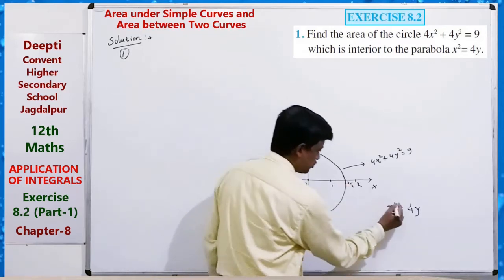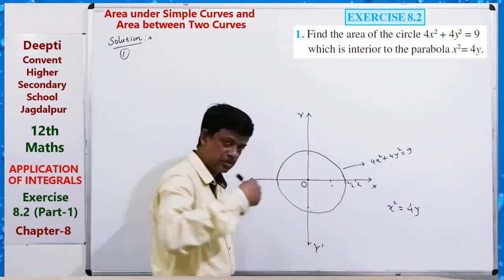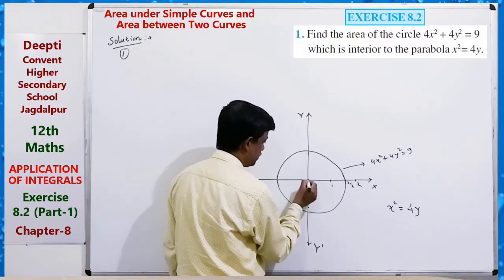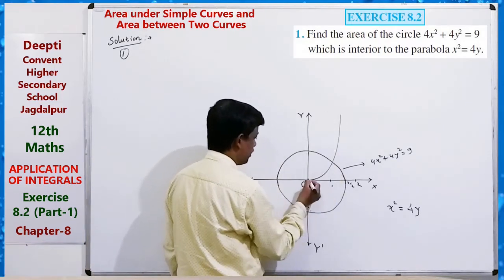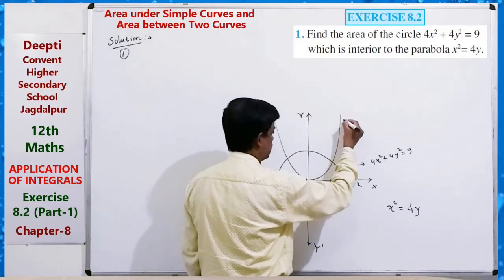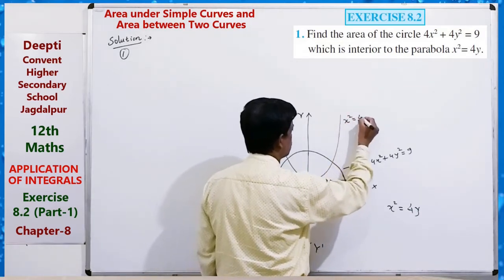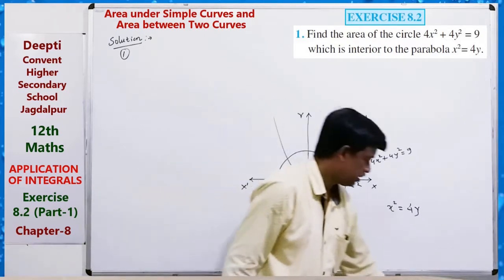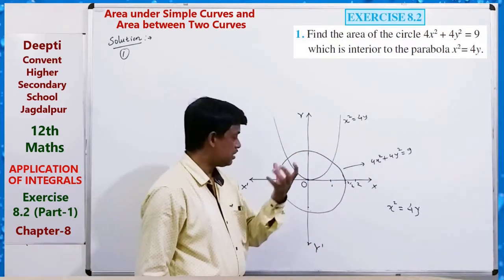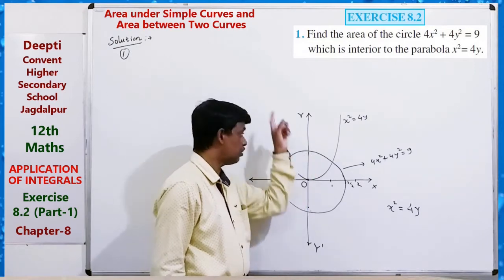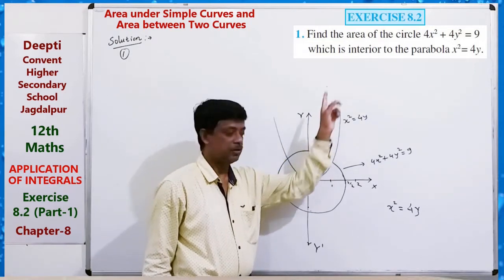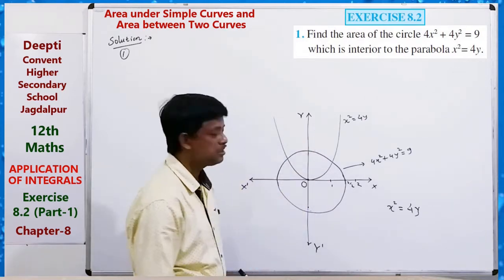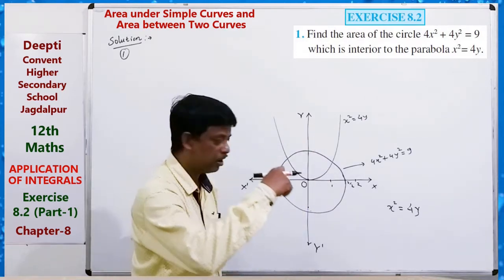Okay. Now x square equals 4y is an upward parabola, like this. Clear? Now, because the parabola is an open curve and the circle is closed, our region is interior to the parabola.